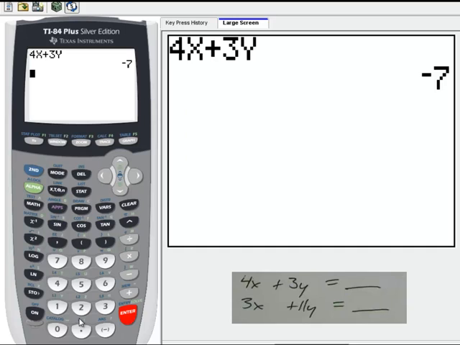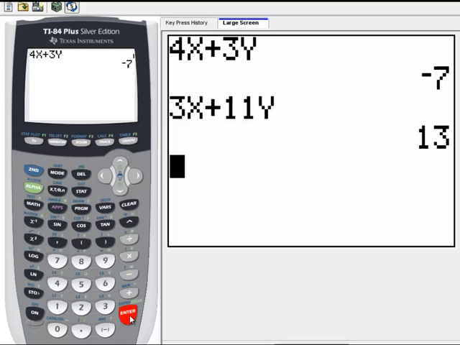Alright, the second part of our check. The left-hand side of the second equation is 3x plus 11 alpha y, enter. 13. Nice. Same as the original equation's right-hand side. Okay, let's record this on our paper.